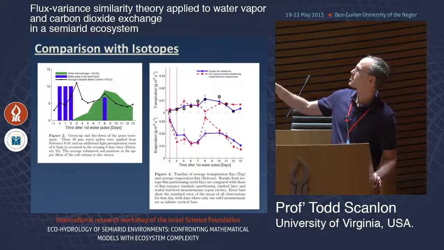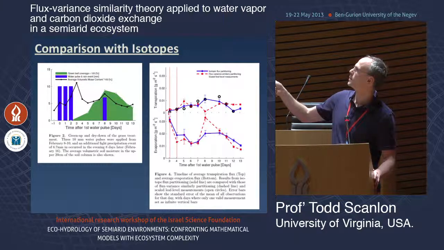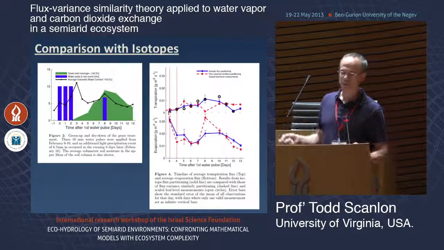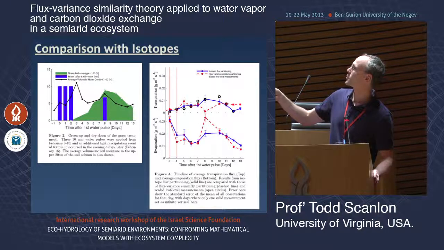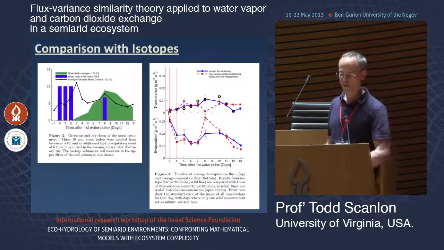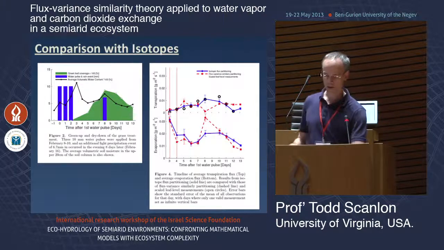And the dashed red line is results with a flux-variance similarity. We find that they agree okay. The one big difference between the two is in day 8. That's the time when this rainfall event arrived. The flux-variance similarity theory would say that there's a lot more bare soil evaporation that went on after that rainfall event arrived, and a reduction in the transpiration.